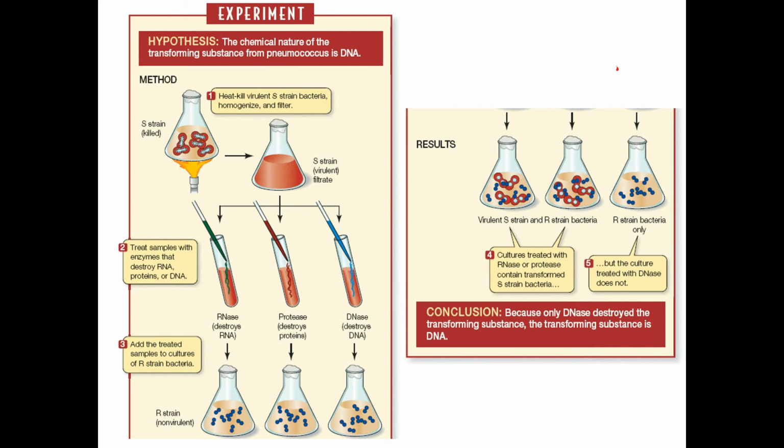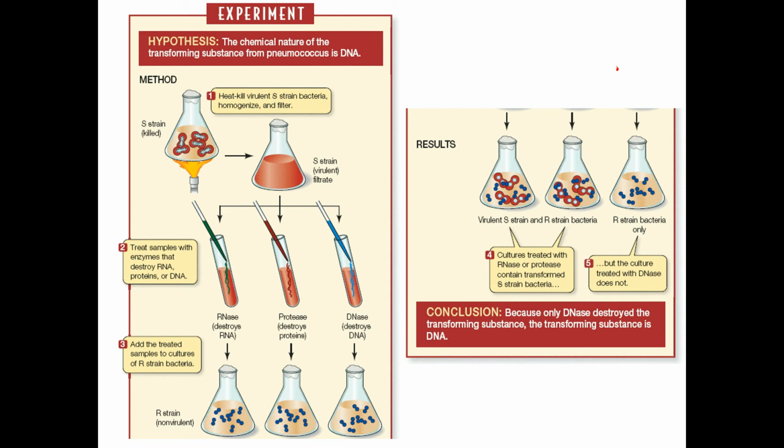Alright, so here, the chemical nature of the transforming substance from pneumococcus, alright, it's DNA. That's what Griffith is claiming, is that it's DNA. So, how do you go about proving this, or at least substantiating this claim?